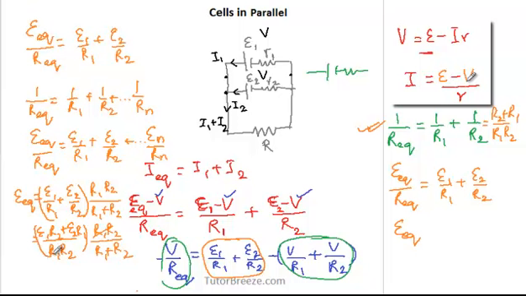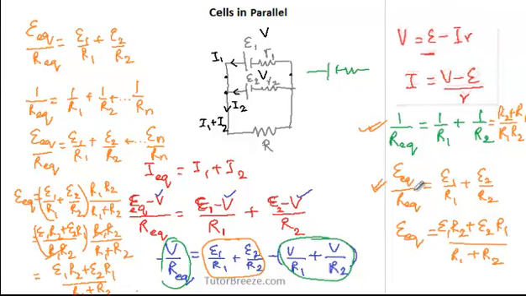Now you can see that this term cancels out, so we finally have E1 R2 plus E2 R1 over R1 plus R2. So the equivalent EMF for these two cells would be E1 R2 plus E2 R1 over R1 plus R2. It might be easier to use the equation in this form if you have more than 2 cells.